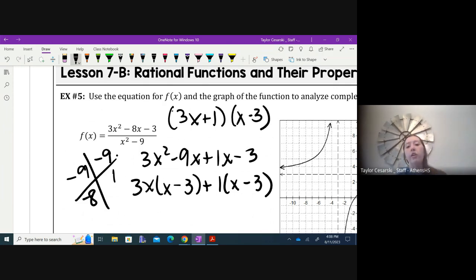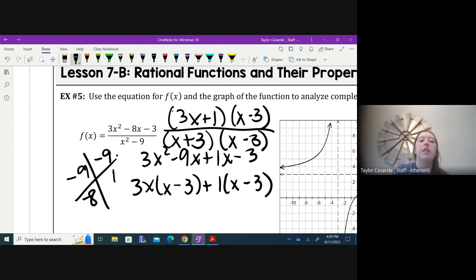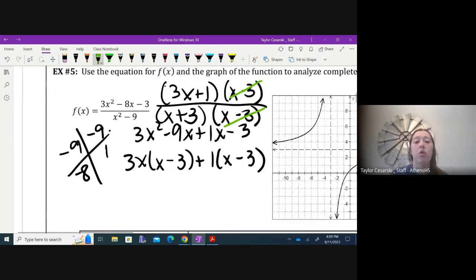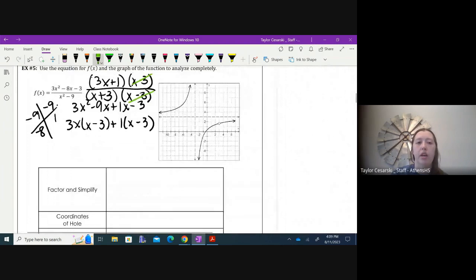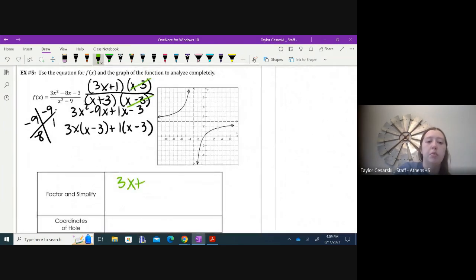Again, that is not how you have to factor, but that is just a way to factor. I factor by grouping. The denominator is the difference of squares. X squared minus 9, so x plus 3 times x minus 3. I notice here that x minus 3 is a common factor, so that's going to cancel and create a hole in my graph. Okay, so 3x plus 1 over x plus 3 is what it looks like when it's simplified.